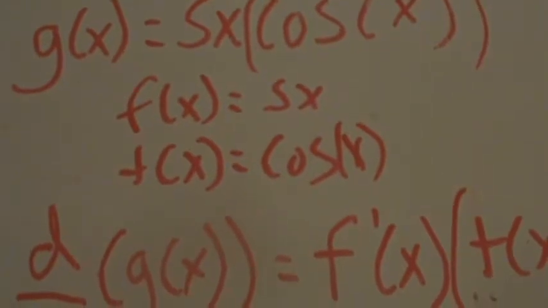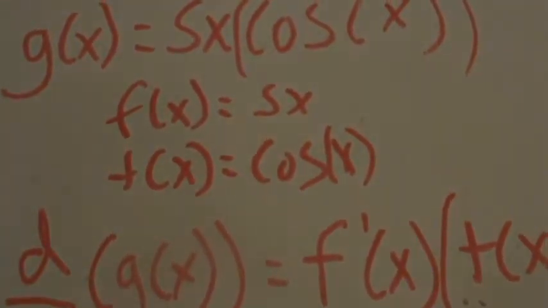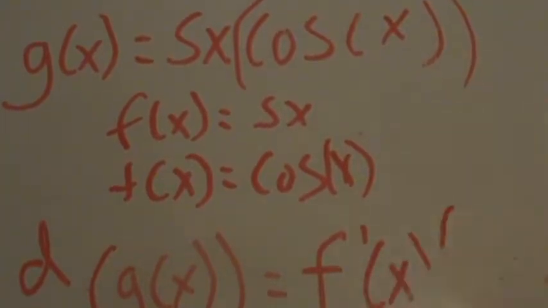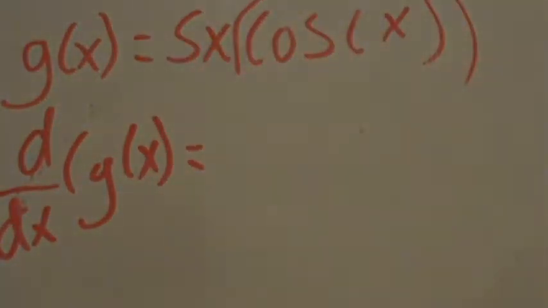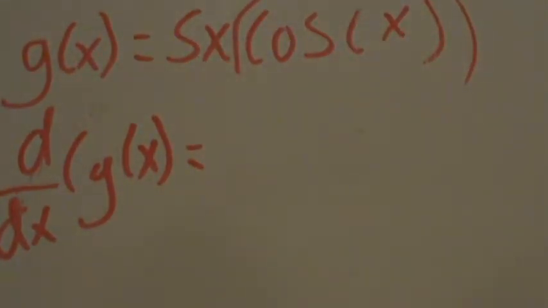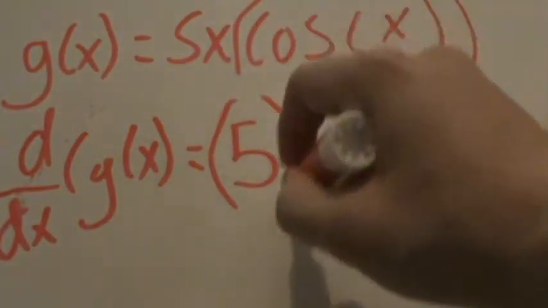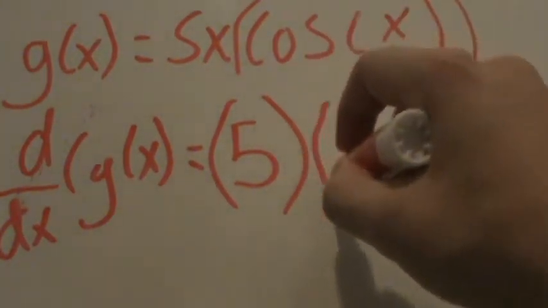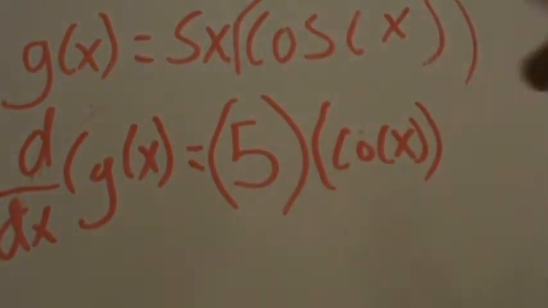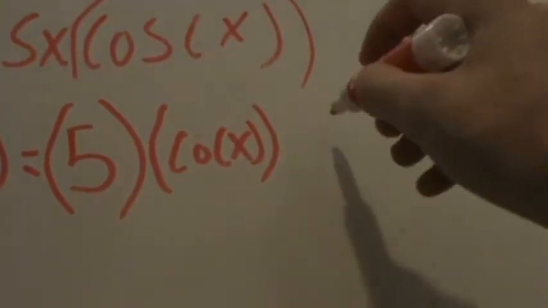So let's test out this theory, and I might prove it with an integral to show that this is the derivative. So basically d/dx of g of x is equal to, well, we take the derivative of the first one, which is 5x. The derivative of 5x is 5, and we multiply that by the second function, t of x, which is cosine x, and then we add the derivative of the second.